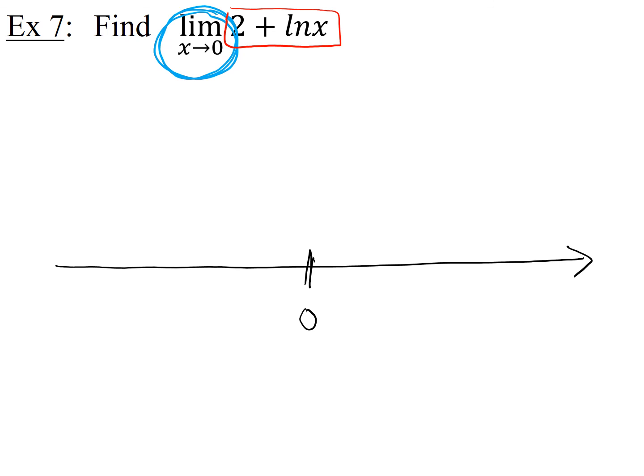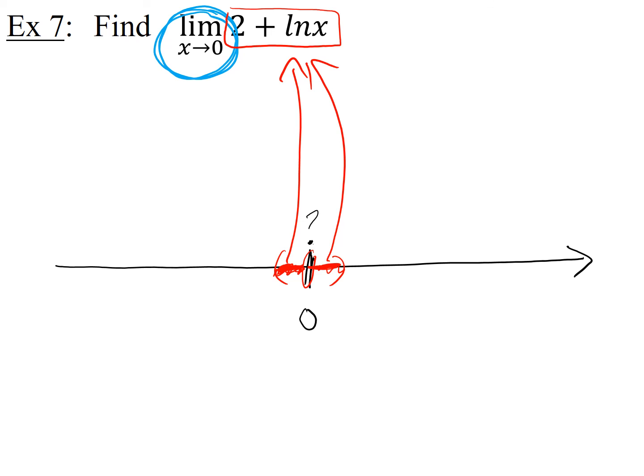Again, the function doesn't have to be defined at 0. I don't care what's happening there. But it must be defined at all numbers sufficiently close to 0 on both ends. There must be some open interval so that you can plug in any number in this interval into that function. You should be able to plug in any number, except I don't care if you can plug in 0. So any number here and any number here.